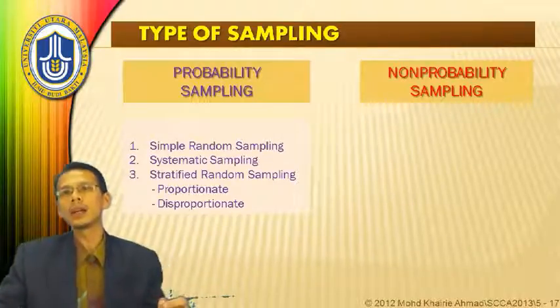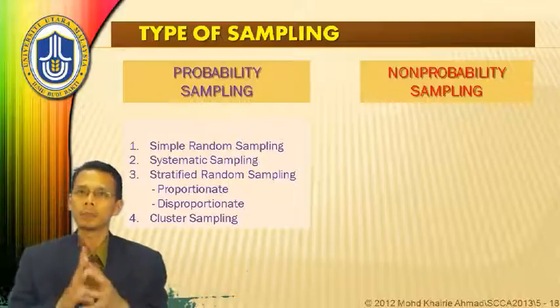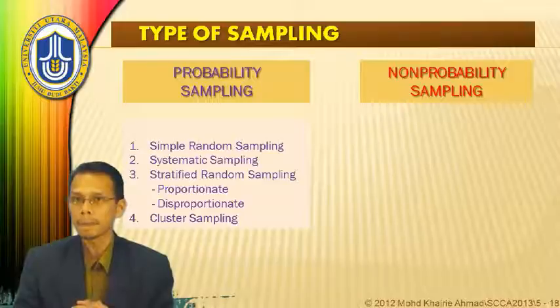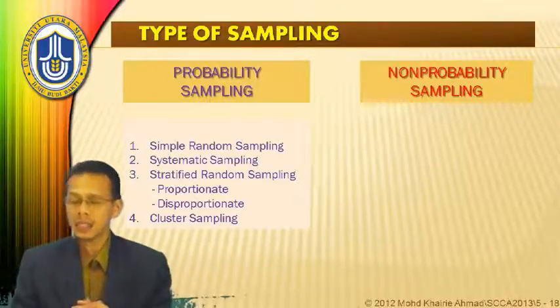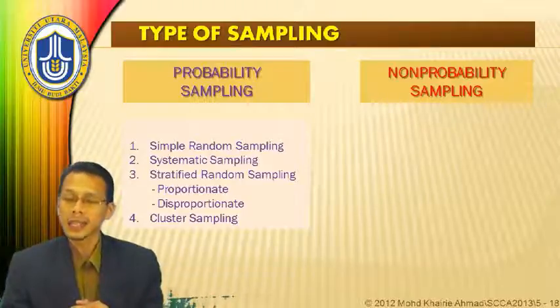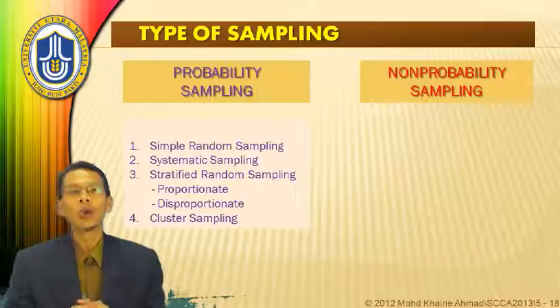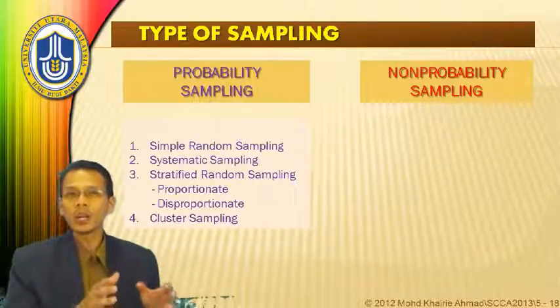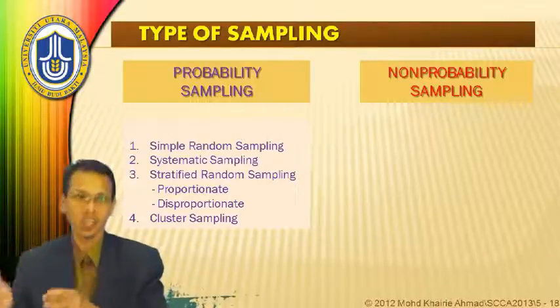Now, let's have a look at the following probability sampling type, which is cluster sampling. What is cluster sampling? Cluster sampling can easily be understood as a process where we choose our sample according to certain sections.